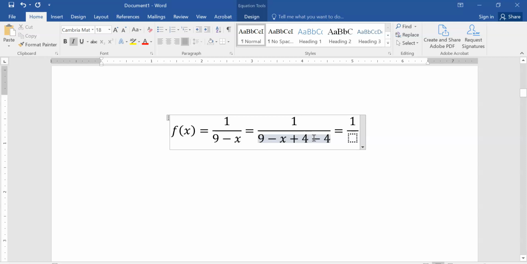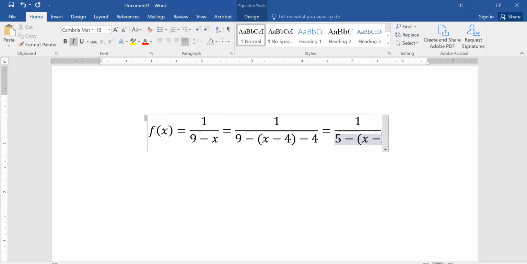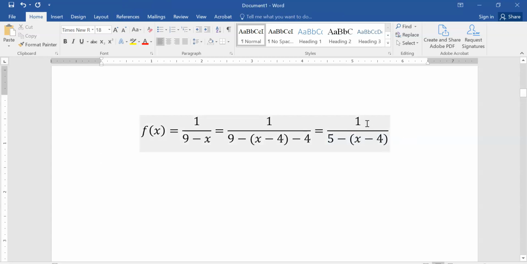Now I want to cancel that out, so I do a minus 4. So essentially I'm adding 4 and subtracting 4 to the denominator in a unique way. And so 9 minus 4 gives me a 5. And then I'm going to do 5 minus x minus 4. So there you go. Now we have a function that's centered at the right place.